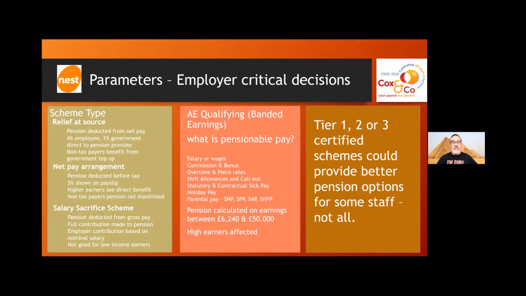An important thing to mention there is that all these things are being controlled by you and not Nest. Nest provide the vehicle by which the contributions are contributed to an employee's pension pot.